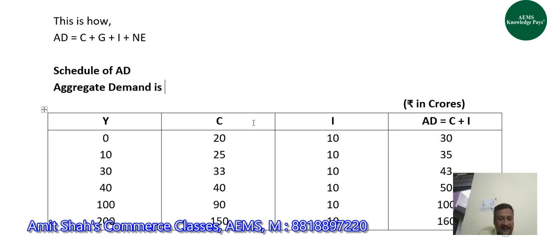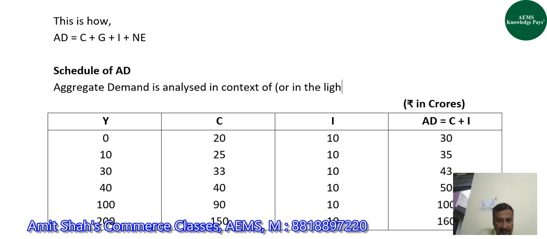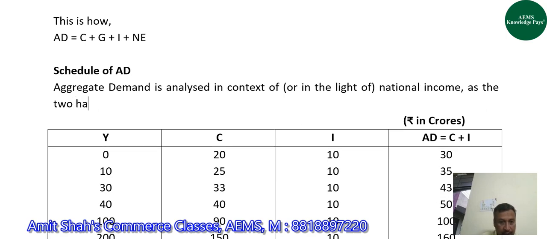So guys, aggregate demand is analyzed in context of or in the light of national income, as the two have direct relationship.